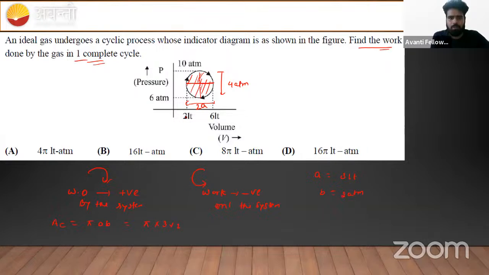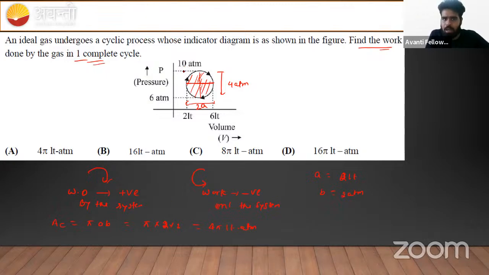Sorry, this will become 6 minus 2 equal to 4, 4 by 2 is 2. So what happened here, beta? Pi into 2 into 2, that is 4 pi liter atm. Here a and b are equal, that's why it is a circle.